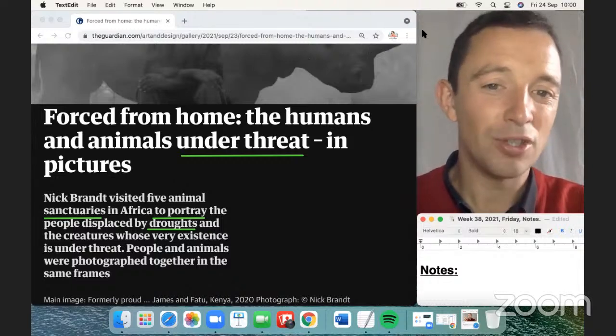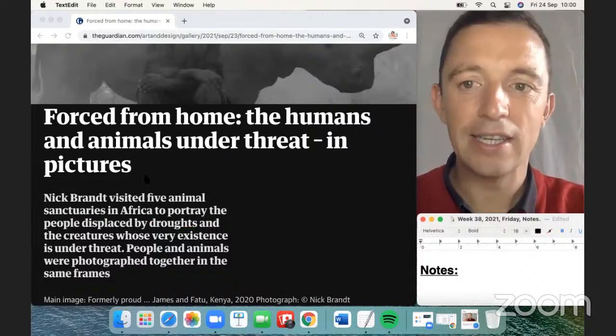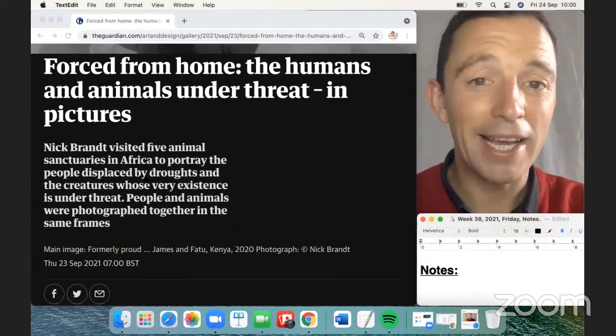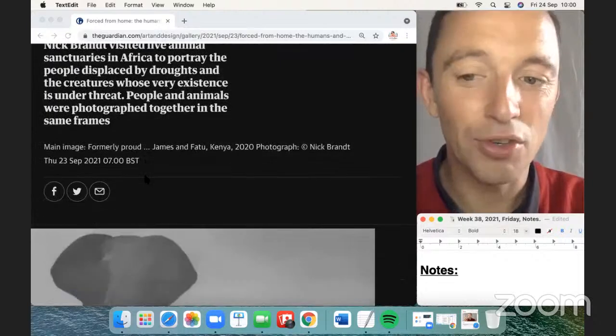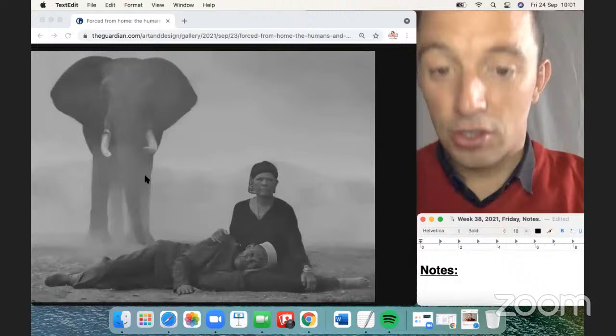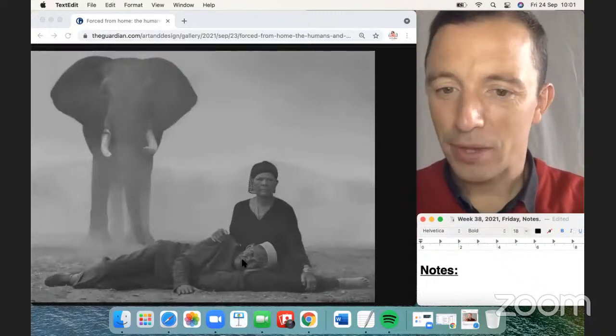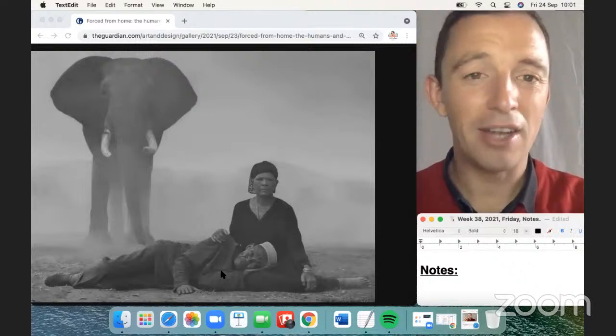Okay, so now I'll clear the text and I will make the screen a little bit bigger so you can see the text a bit better. So in this picture, we have an elephant, and it looks like a couple, a woman and a man. The man looks very tired.